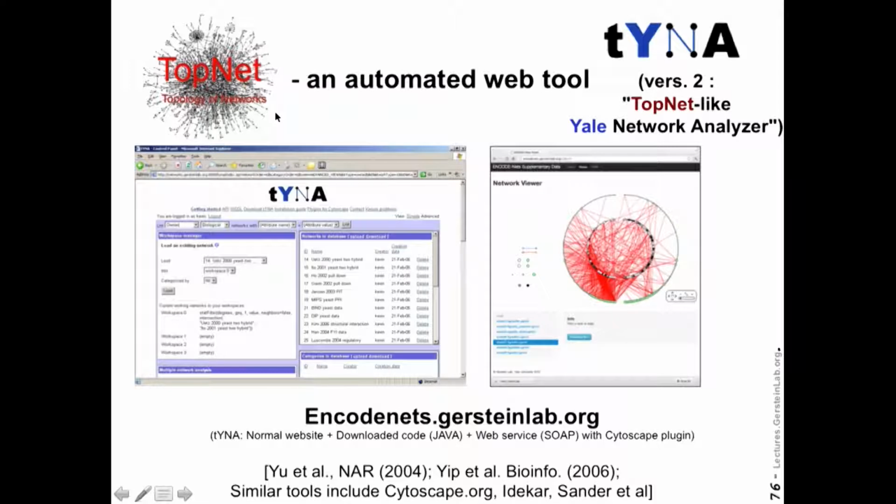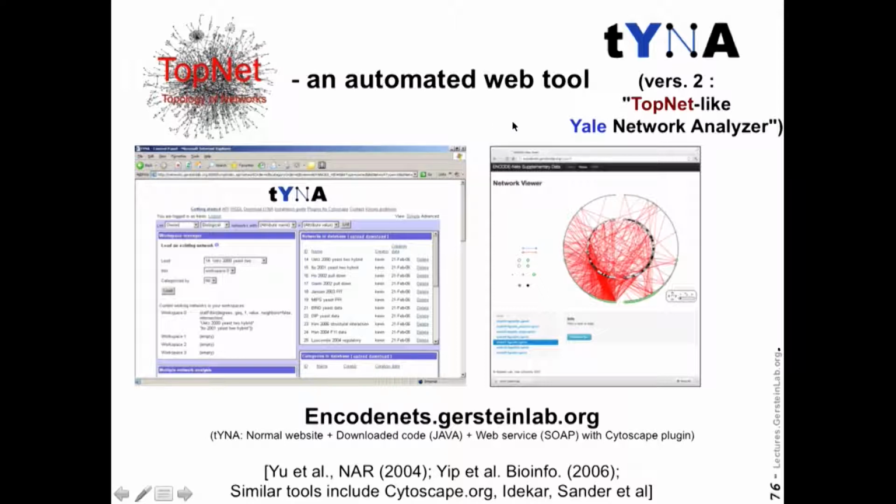I don't know if anyone understands what I'm saying, but this was about 10 years ago, so he called it TopNet. And TopNet has a slightly militaristic kind of concept going on. Then another student came in, and he didn't like the militaristic overtones of TopNet, and he didn't want to call his tool TopNet 2.